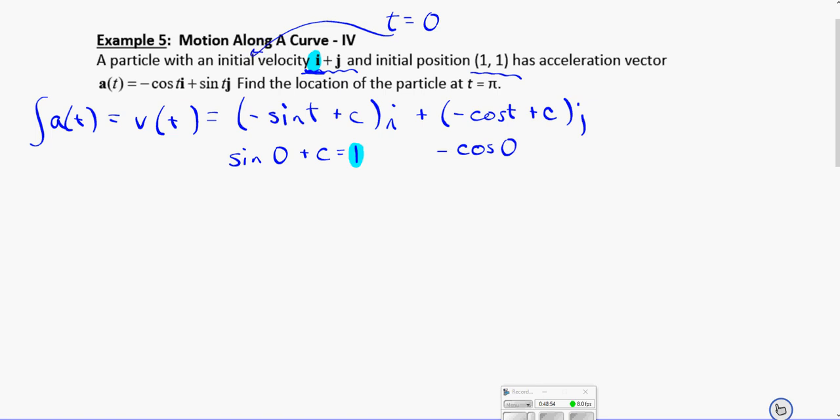Negative cosine 0 plus c equals 1, and I got that from the 1j. That's how I got that one. So I now know that c equals 2.